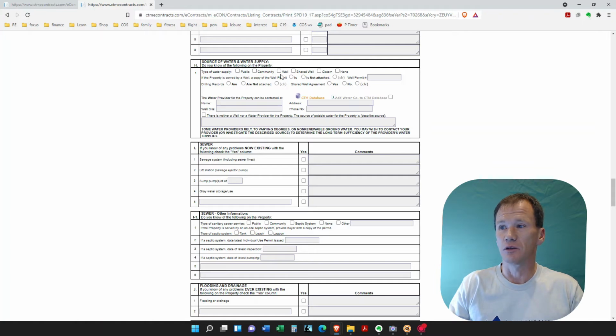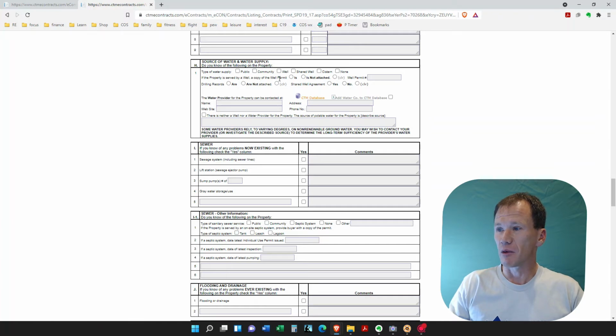It's not well. The well is only if you have an actual well. Shared well is if you and some other party have a single well that you both share, but you're both responsible for it, right? Cistern, obviously pretty uncommon in your standard residential property, but for a farm property or something like that, you could see that. Or none. There's no water service to the property at all.